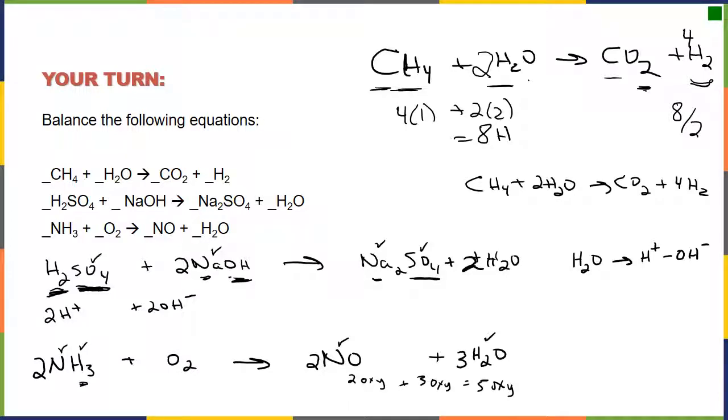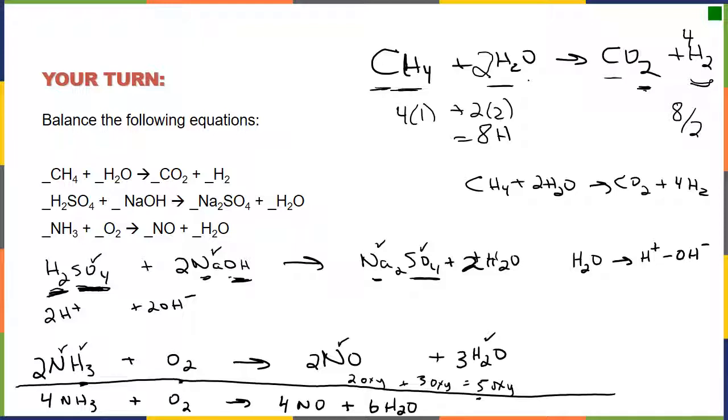Because this number is odd and this one is even, I'm going to multiply this entire thing through by 2 one more time. And when I do that, I'm going to get 4 ammonias. I'm going to leave the oxygen for just a moment. It's going to react and I'm going to make 4 NOs, continuing multiplying through by 2, and I'm going to get 6 waters. So now, with that in mind, I can balance out the oxygens.